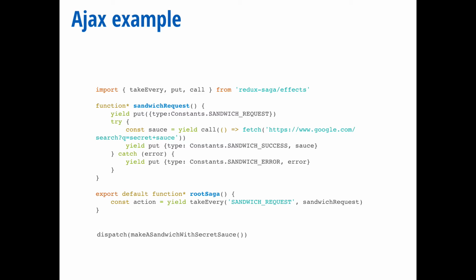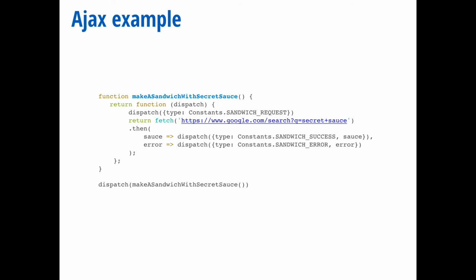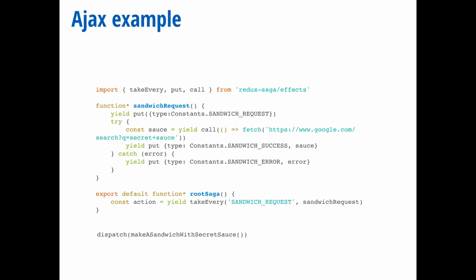Well, okay, because I have an action creator, it will be the same as dispatch, this thing, like type constant sandwich request. Okay, sorry. Yeah, in this case, it's the same. Normally we have this, which will substitute it. It's a simple function, an action creator that will return this object.